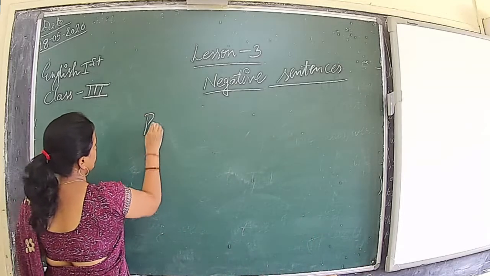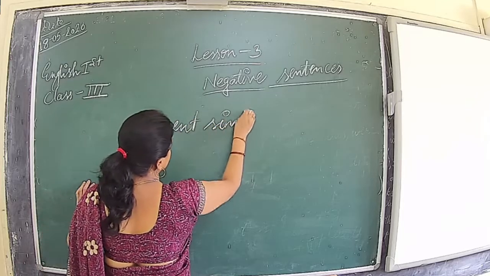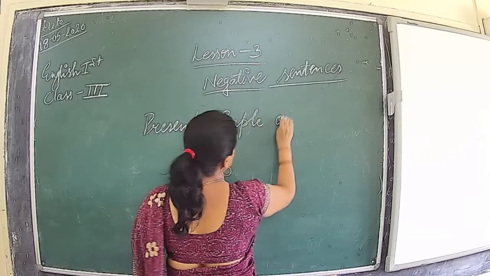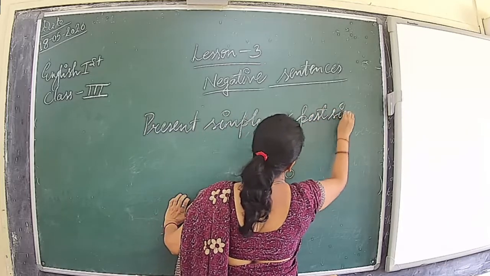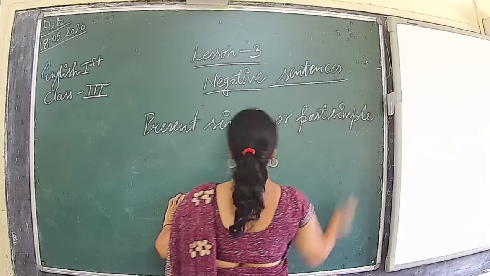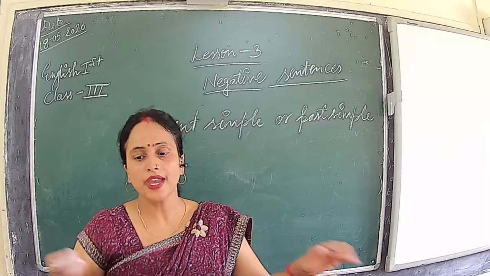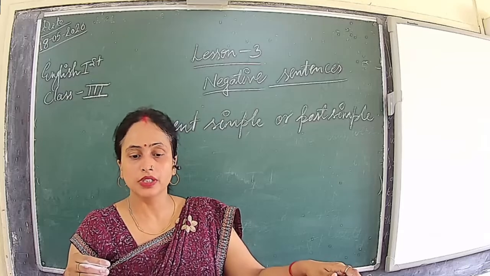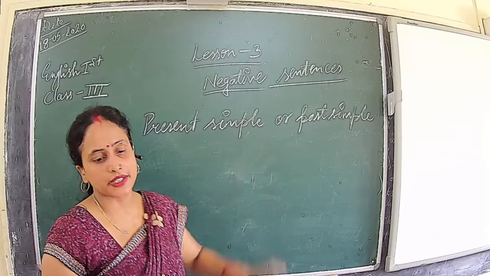So, present simple or past simple. How do we change into the negative sentence in the present simple?